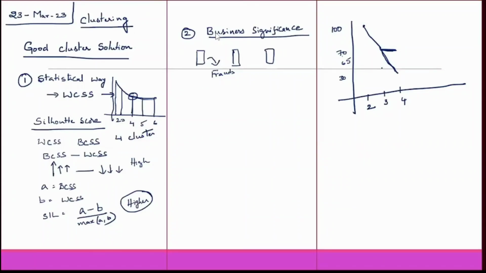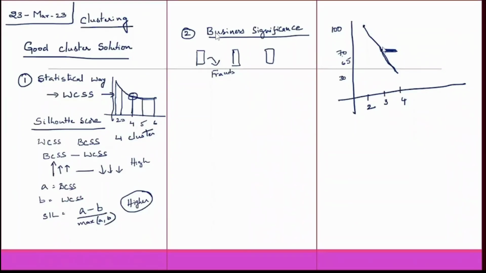So as long as the fall is becoming more and more steep, what we'll say is we'll continue. But the moment we see that the fall has become very much horizontal, that is what we call the elbow method. The moment the fall becomes very horizontal, that is when we say we can stop with that kind of solution.